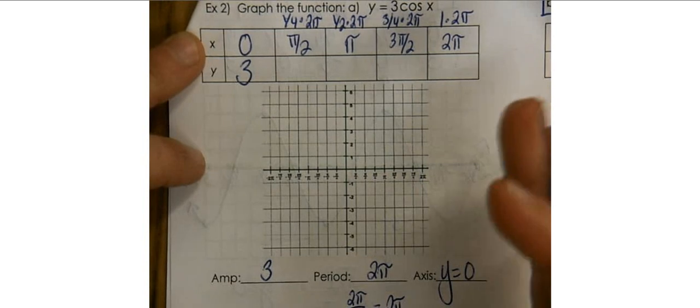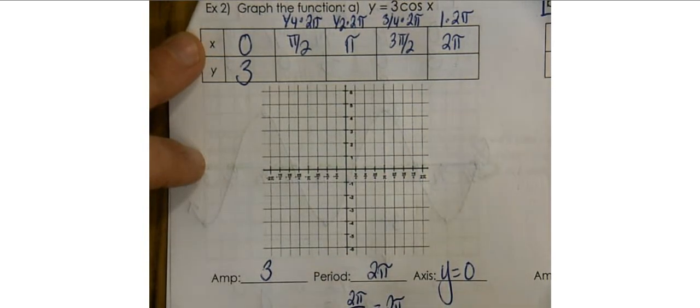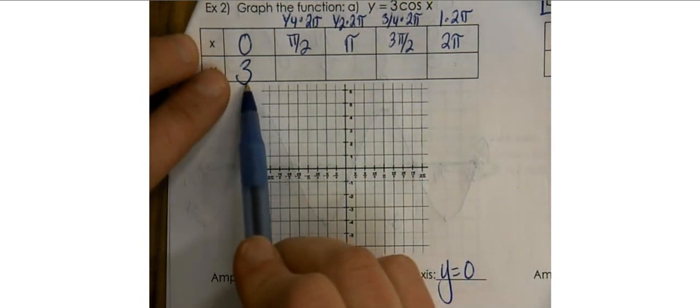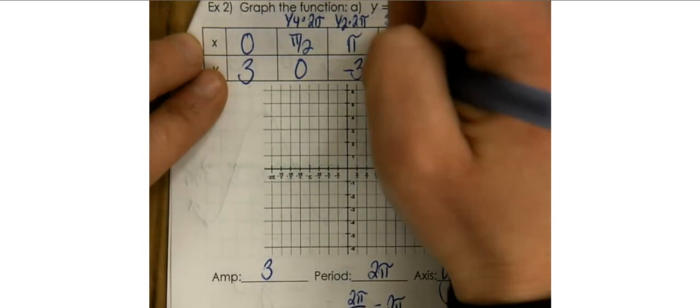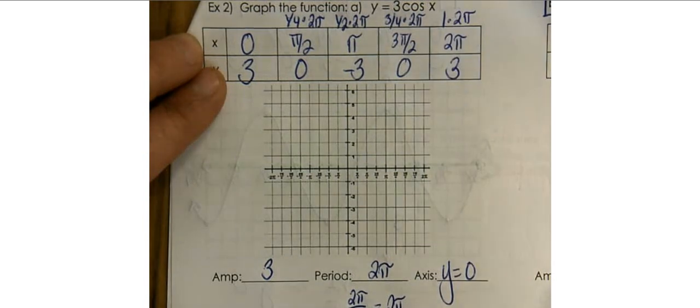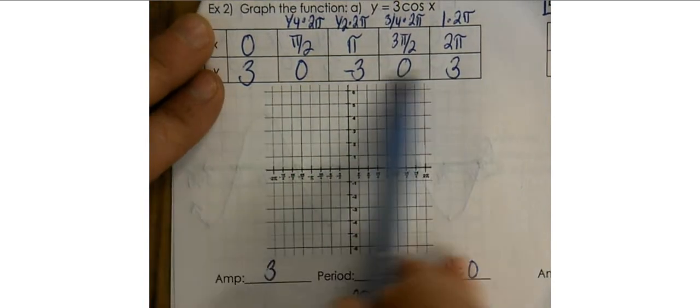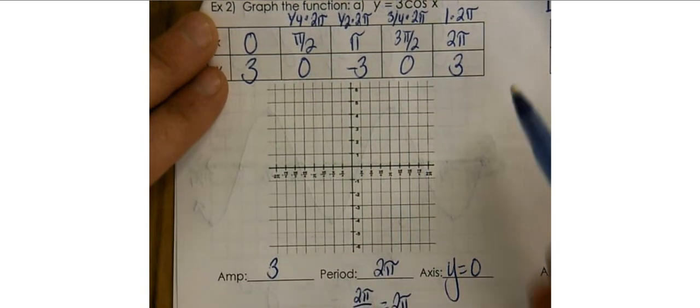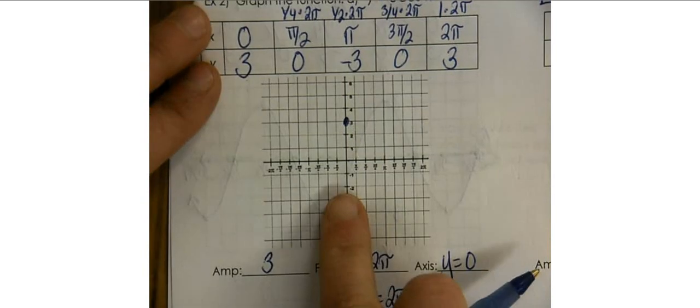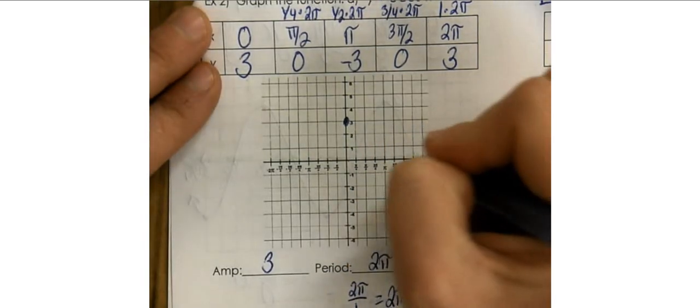Now cosine, like I said, goes up, 0, down, 0, up. So up at 3, then 0, then down to -3, then back to 0, then up again at 3. So now that I have my ordered pairs, that's what I'm going to plot. So I'm going to start off at 0, 3. And then I'm going to go to pi over 2, and I know that it's kind of small, but every single tick mark represents a pi over 4.